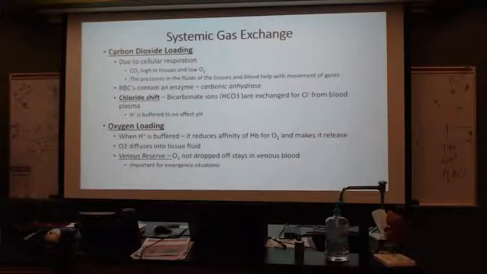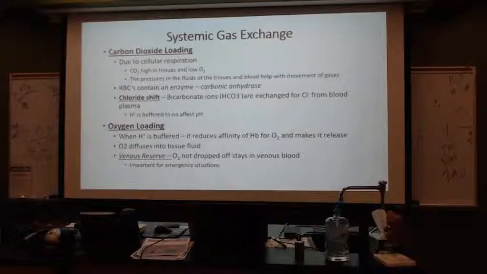Glycolysis does not require oxygen. That's why it's called fermentation. Aerobic is termed aerobic because it needs air, i.e. oxygen. And that byproduct is always CO2, the waste.